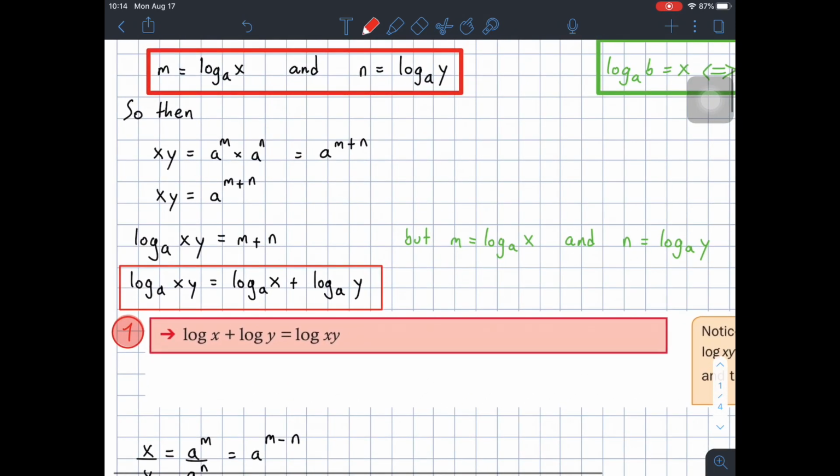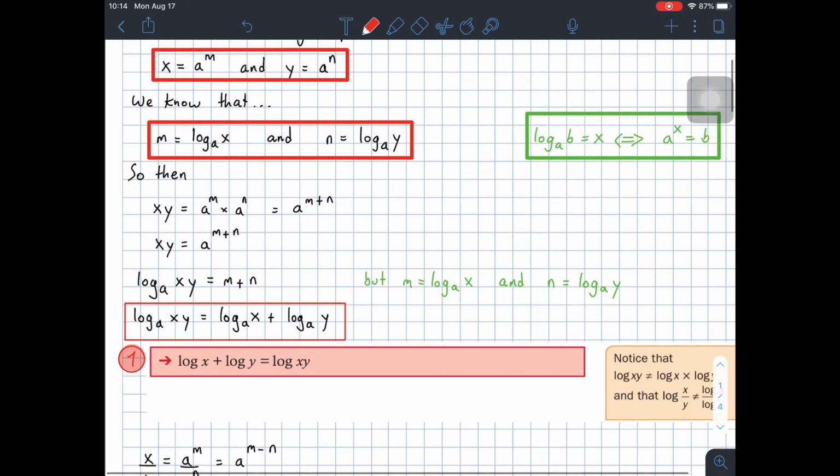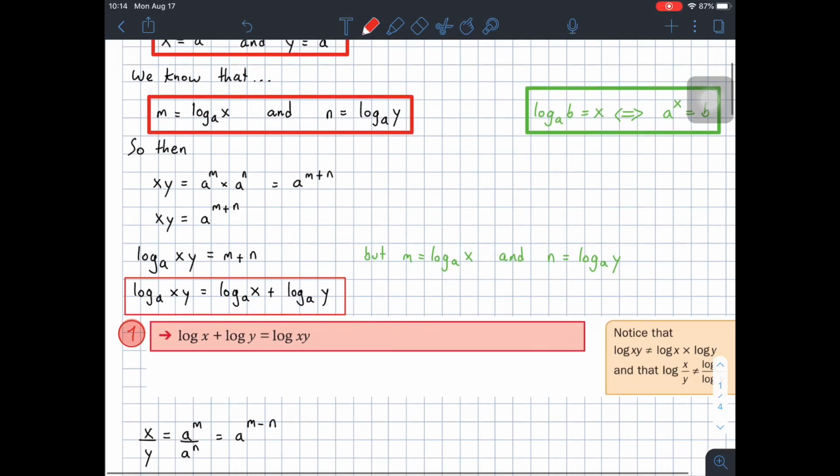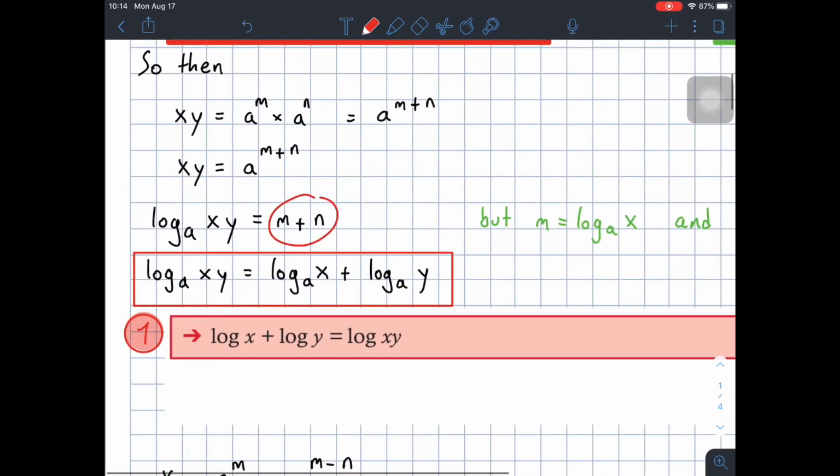But we know that we defined m as log base a of x and n as log base a of y. This comes from here, right? So if I rewrite m and n using their equivalent expressions, this would be that log base a of x times y is equal to log base a of x plus log base a of y.